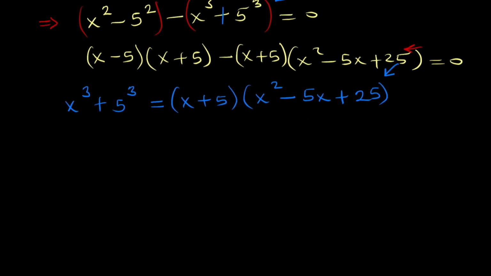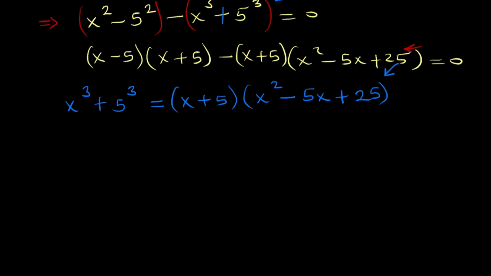What we see here are common terms, x plus 5 here, x plus 5 here, which is common to both parts of the expression on the left hand side of this equation.